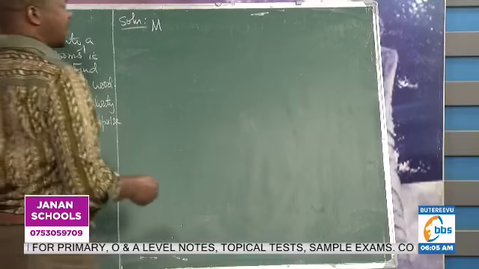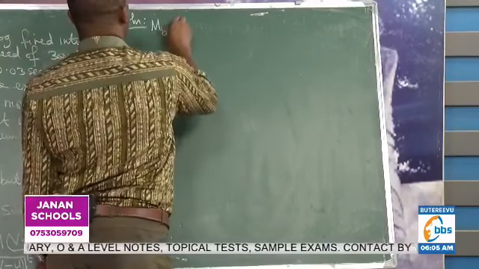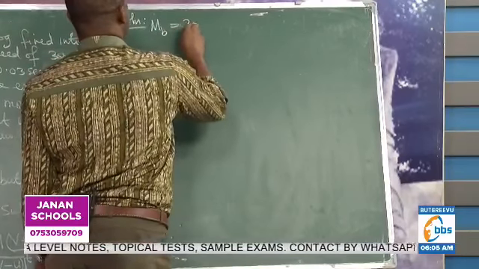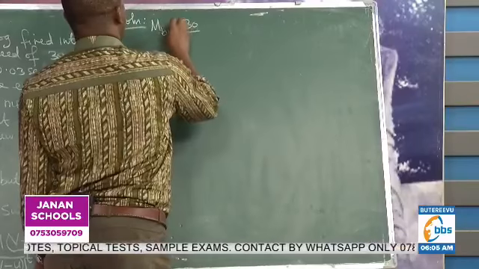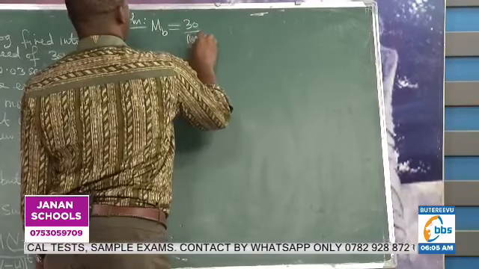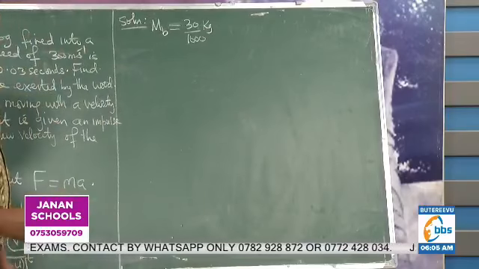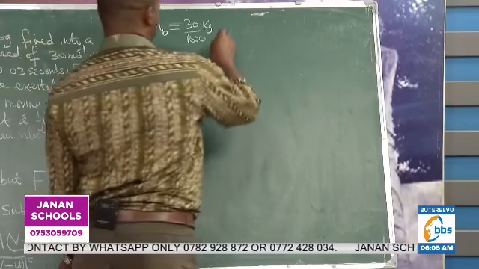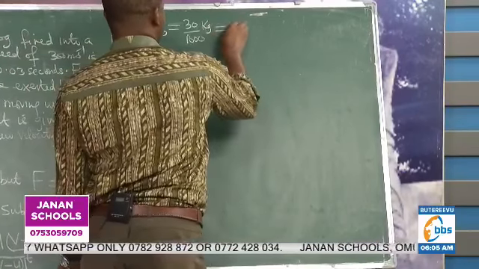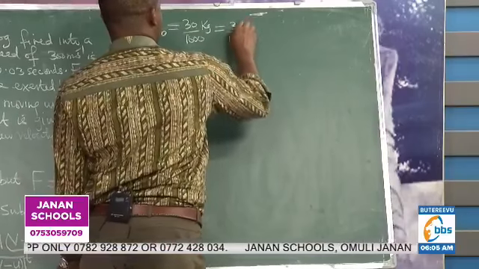We are given a mass. The mass of the bullet is 30 grams. We shall convert it into SI units, which will be 30 out of 1,000 kilograms. We can simplify this to get 3 out of 100 kg.